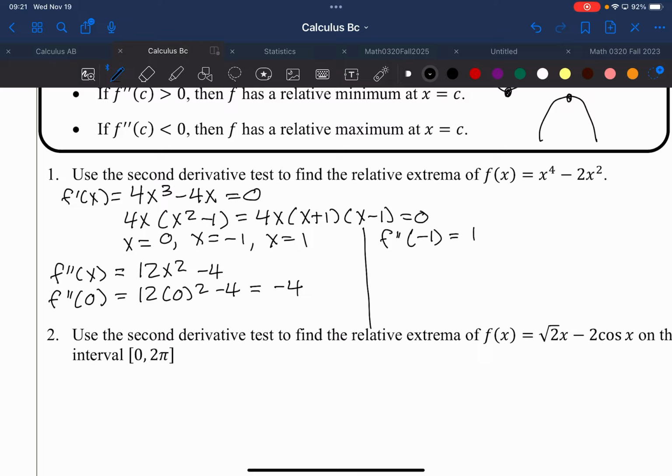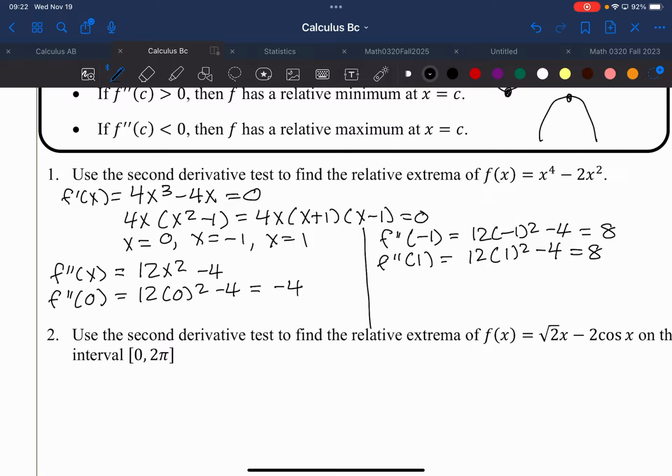So this would be 12 times negative 1 squared minus 4. So that negative 1 squared is positive 1. So 12 times 1 is 12. 12 minus 4 is 8. And then we'll plug in x equals 1, which since we're squaring that term, we're going to get the same answer of 8.